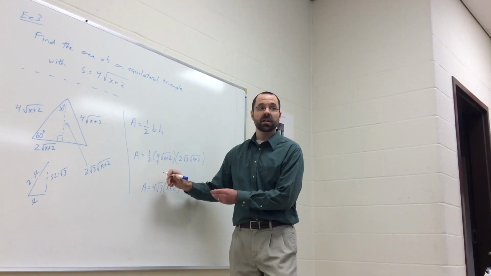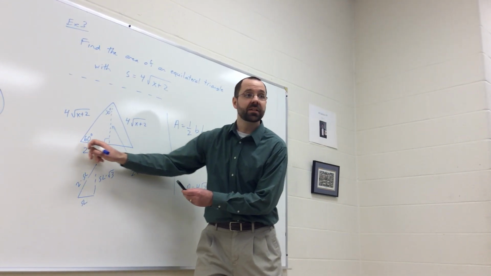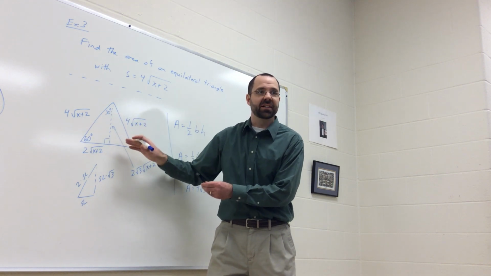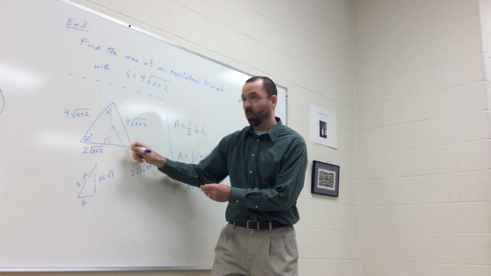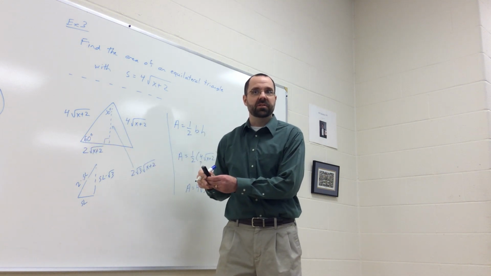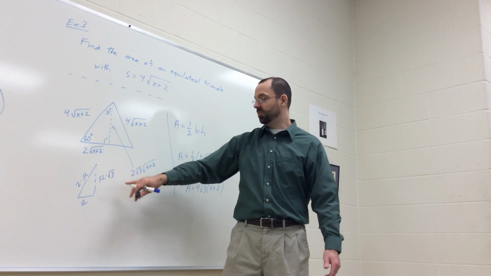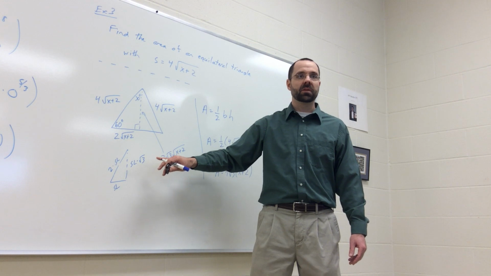No, because 2 square root of x plus 2 was just that, and I'm finding the area of this entire triangle, not just the 30, 60, 90 triangle. I'm trying to find the area of the equilateral triangle, whose base is 4 times the square root of x plus 2. Good. Yeah, there's 2 different triangles up here, so it's easy to get them mixed up. Everybody else good?